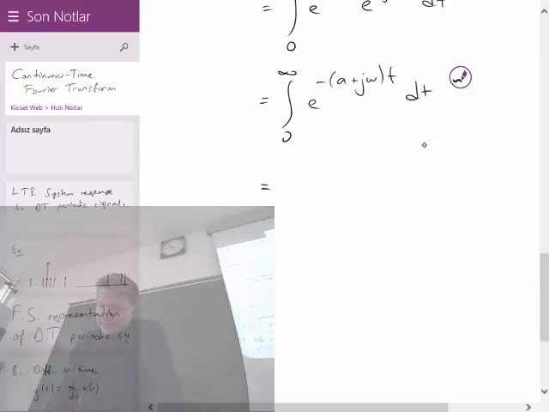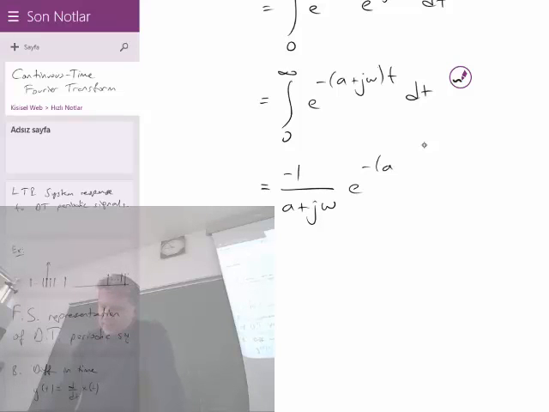That is the exponent in 1 over, but it's negative, so let's put a minus sign here. Minus 1 over a plus j omega e to the minus a plus j omega times t, integrated from 0 to infinity. Okay, do you remember this? It's a simple exponential integral.